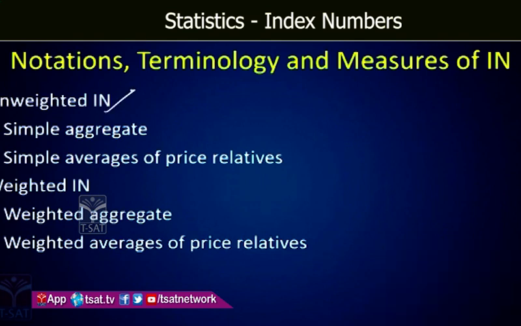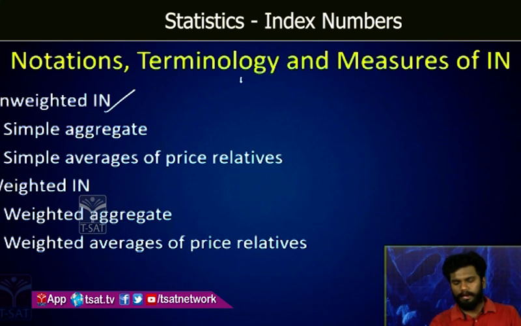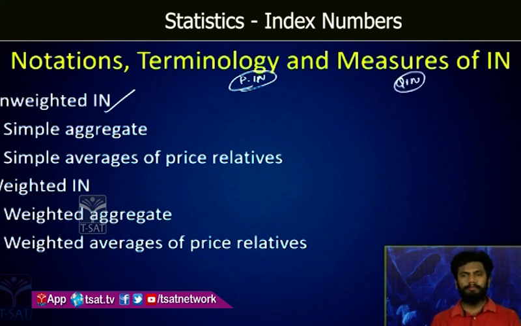See, unweighted index numbers. The first method is the simple aggregate method. First we will find all the price index numbers, and then we will go to quantity index numbers. Okay. Now the simple aggregate method.